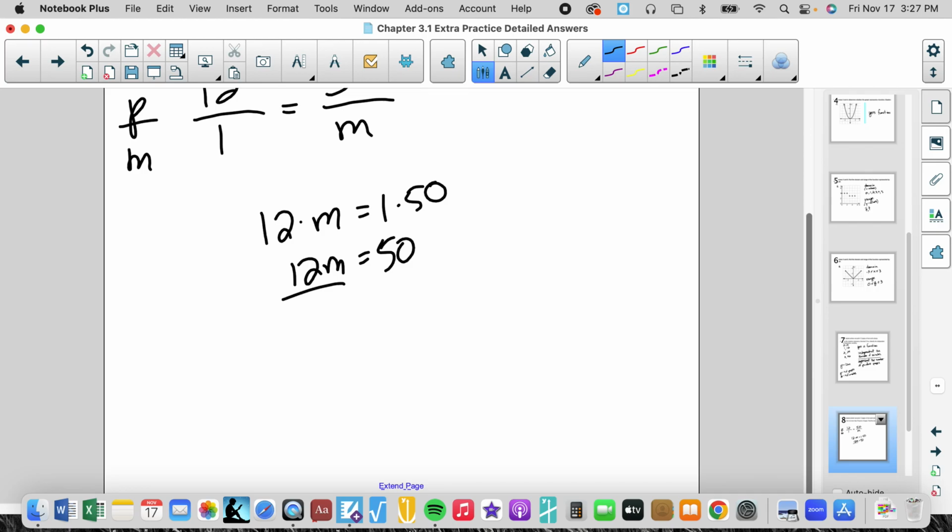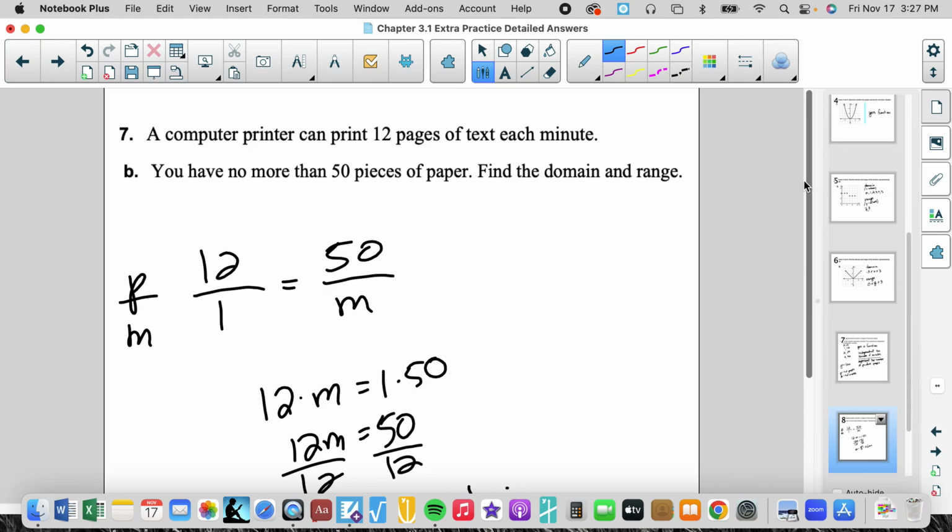And divide by 12, divide by 12, m equals 25/6, which equals 4 1/6 minutes, right?